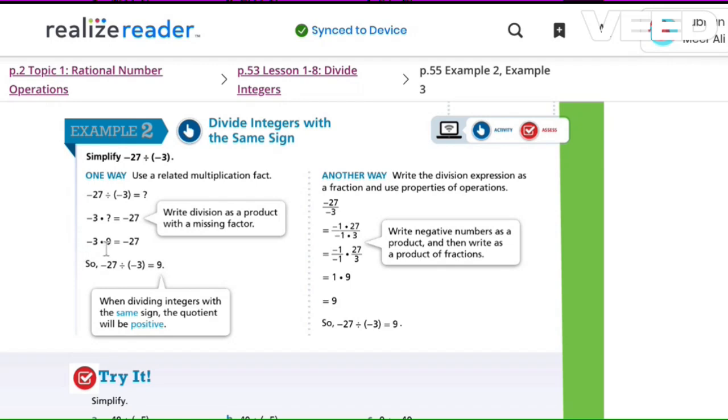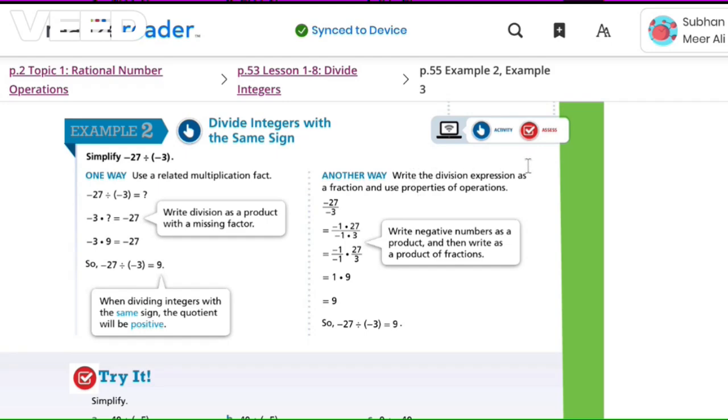Another way you can solve this is by writing the division expression as a fraction. Now, this other way to do integer division, we see this labeled as another way on page 55.